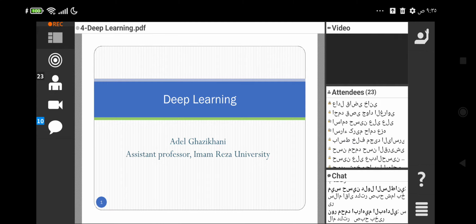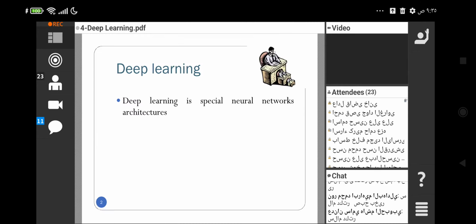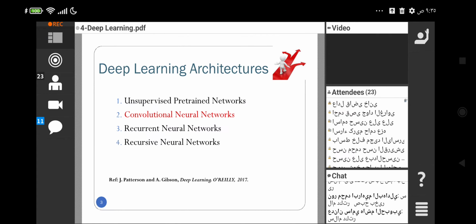So deep learning is a field in data mining, and as I said, there are some advanced neural network architectures. I said that we want to talk about a special type of deep learning, which is convolutional neural networks.